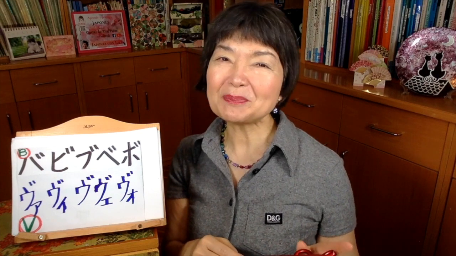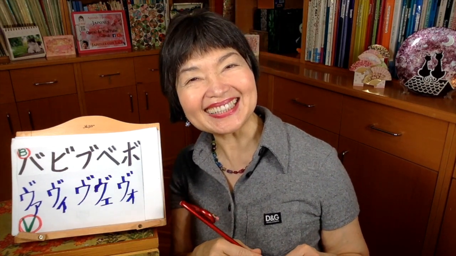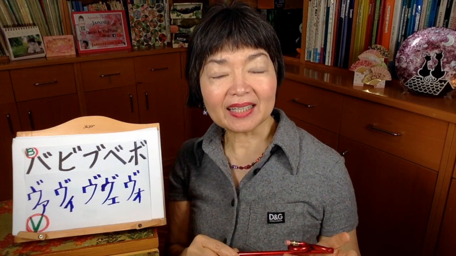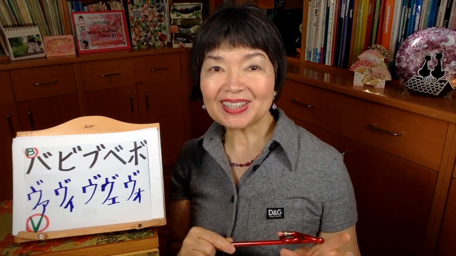Okay? So please prepare your paper and a pencil. Let's get started. Number 1. I went to Venezia with my friend Victoria last year.